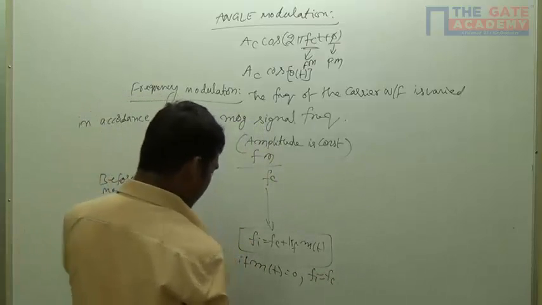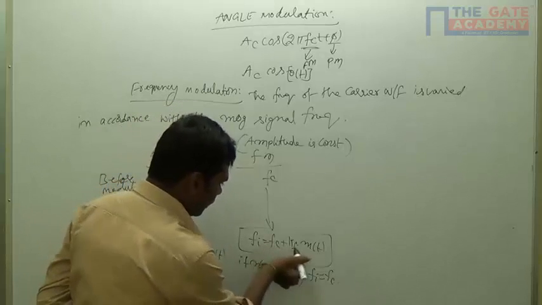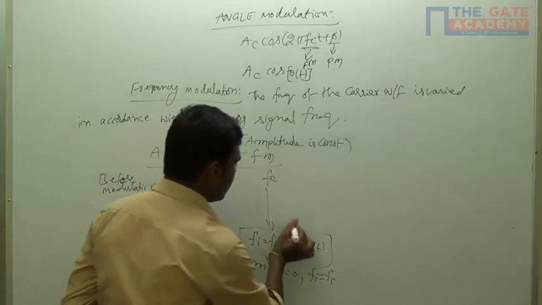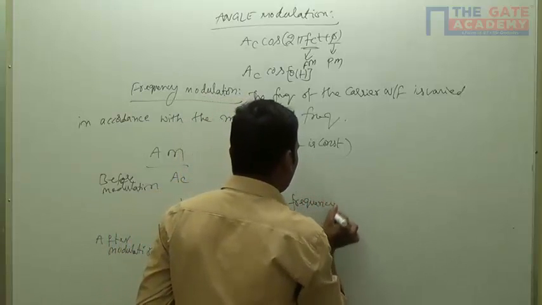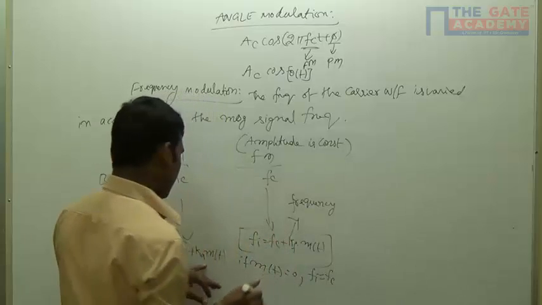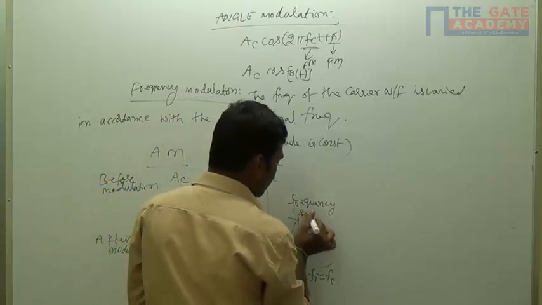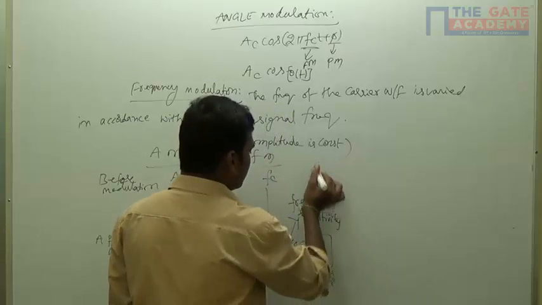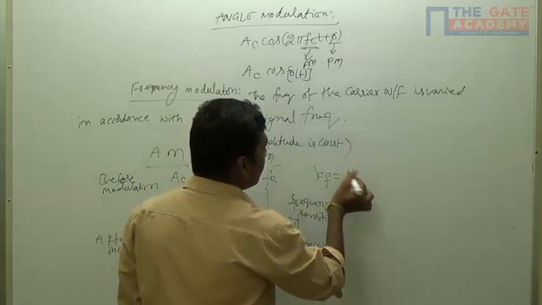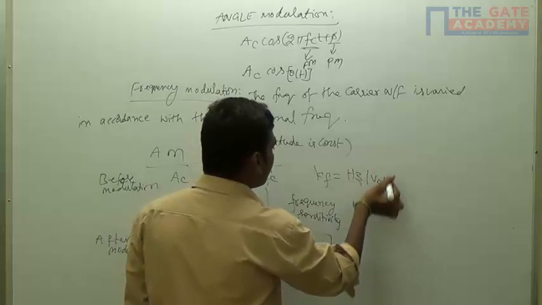Kf is the frequency sensitivity factor, like the amplitude sensitivity factor Ka. Its unit is hertz per volt.